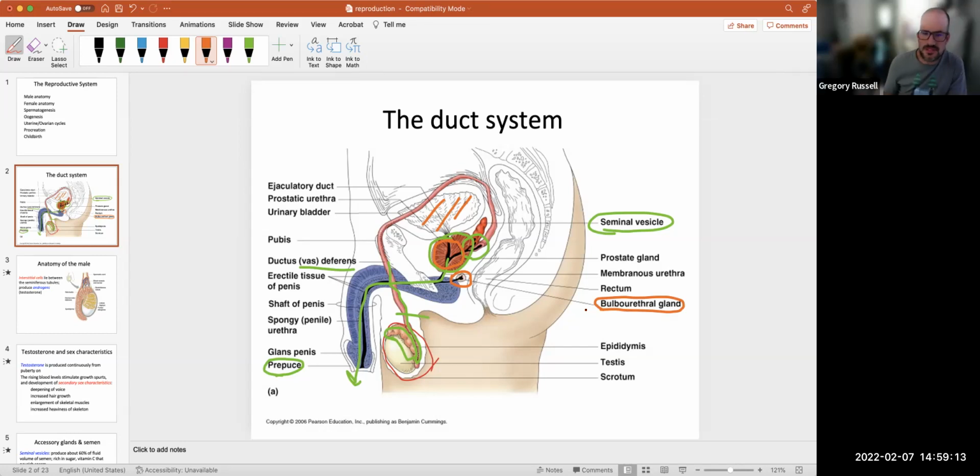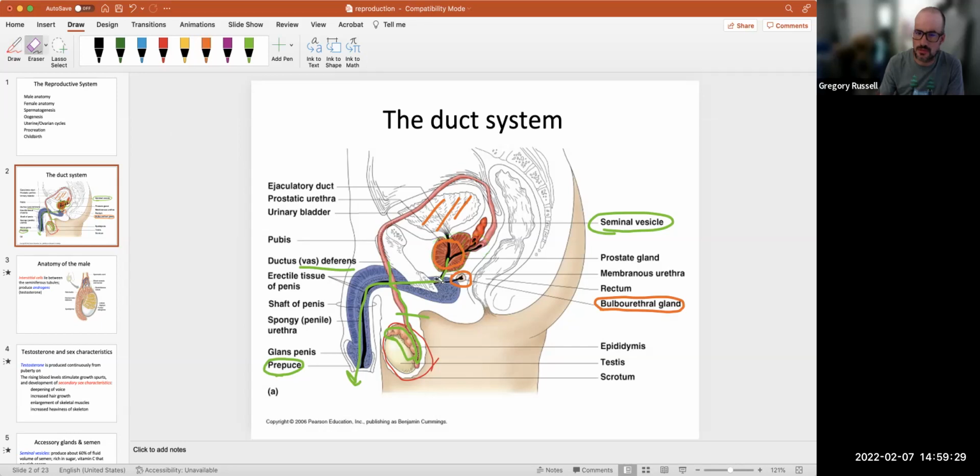So several glands are at play here. The bulbourethral gland produces that fluid that comes out before ejaculation. And then we have the seminal vesicles and the prostate gland, both contributing to the semen volume that we see here.